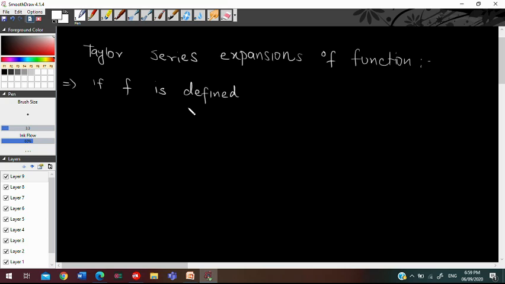Now the function is defined in an interval containing point a, which means this function must be defined at this point.